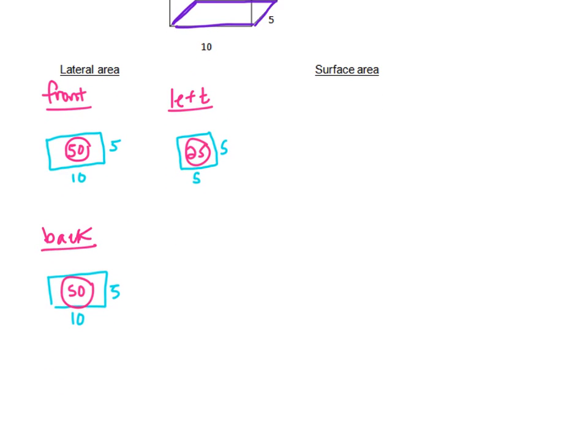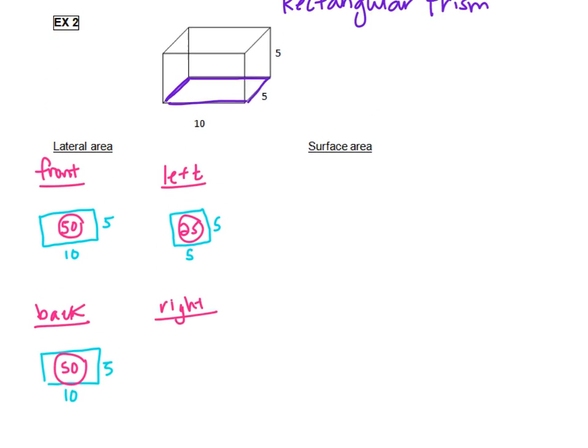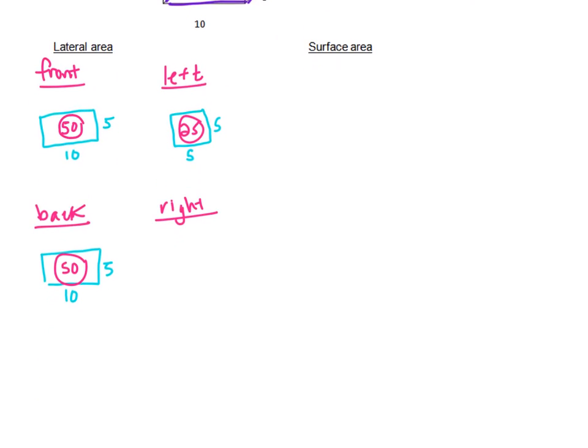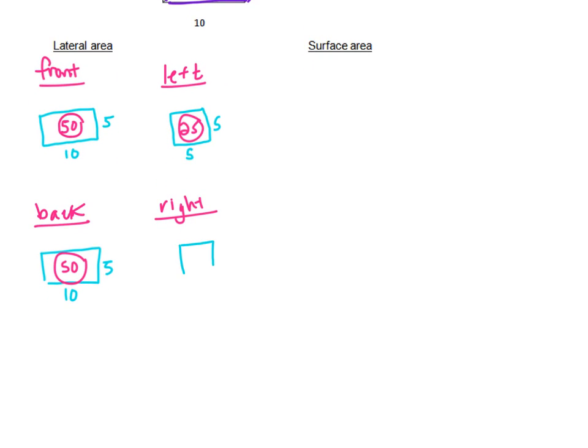Alright, then the last one we have is the right face. If we look at the picture, the right face is this one on the right side, like that. We can see it's a 5 by 5. So if we were to look at just the right face, it would be a 5 by 5 square. Find the area and get 25.